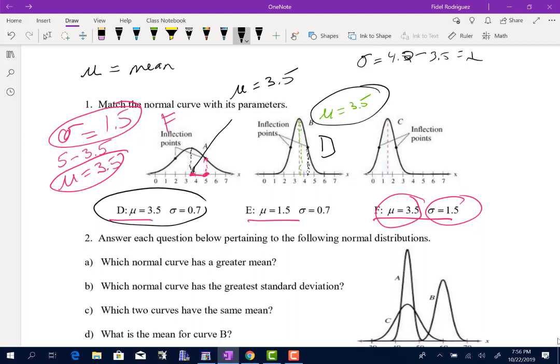Now remember what we mean by 1 standard deviation. So like if the average of a set of numbers was, say, 77, and the standard deviation happened to be the number 3, 77 would be my mean, and then 1 number to the right would have been 80, because I'm adding 3, and 1 number to the left would have been, what, if I'm taking 77 minus 3? 74, right?